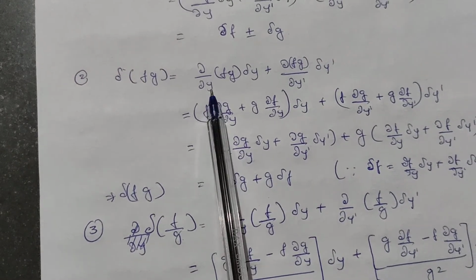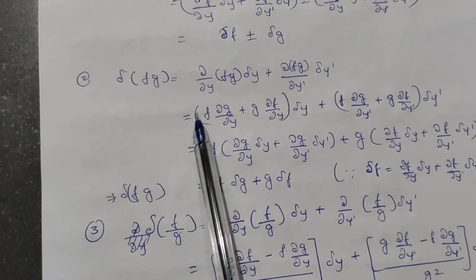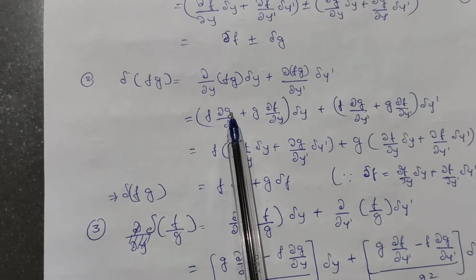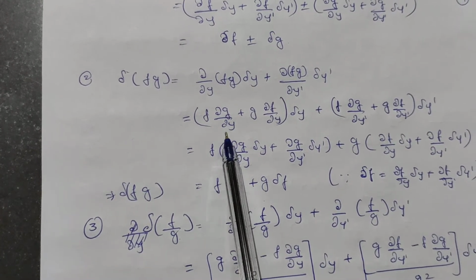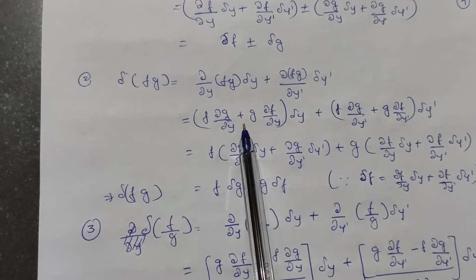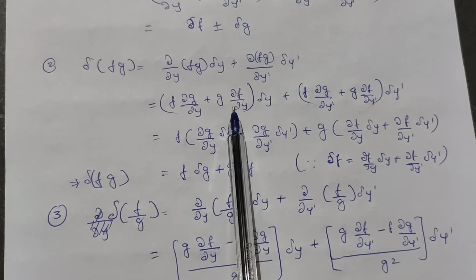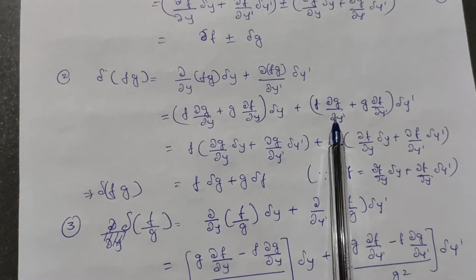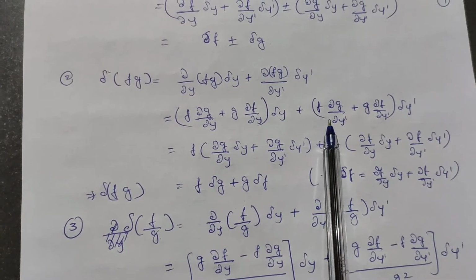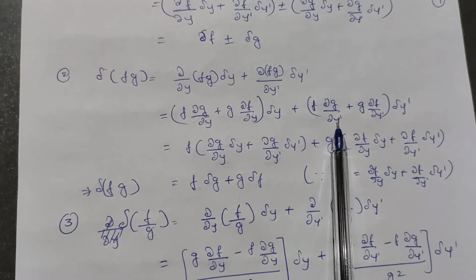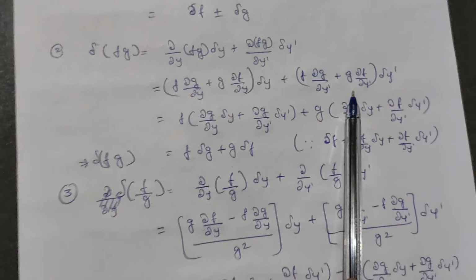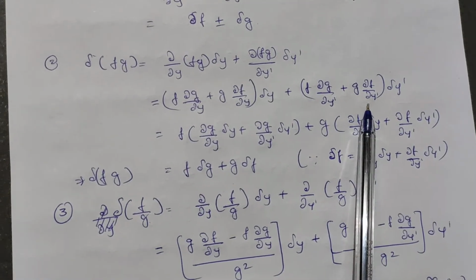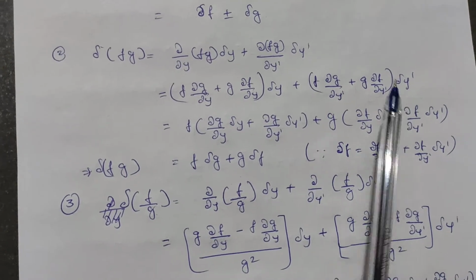Here, for dou by dou y of f into g, let us apply the product rule: first function as it is, f, derivative of the second function dou g by dou y, plus second function g as it is, derivative of the first function dou f by dou y, into delta y. The second bracket is the same: f times dou g by dou y dash plus g times dou f by dou y dash, into delta y dash.